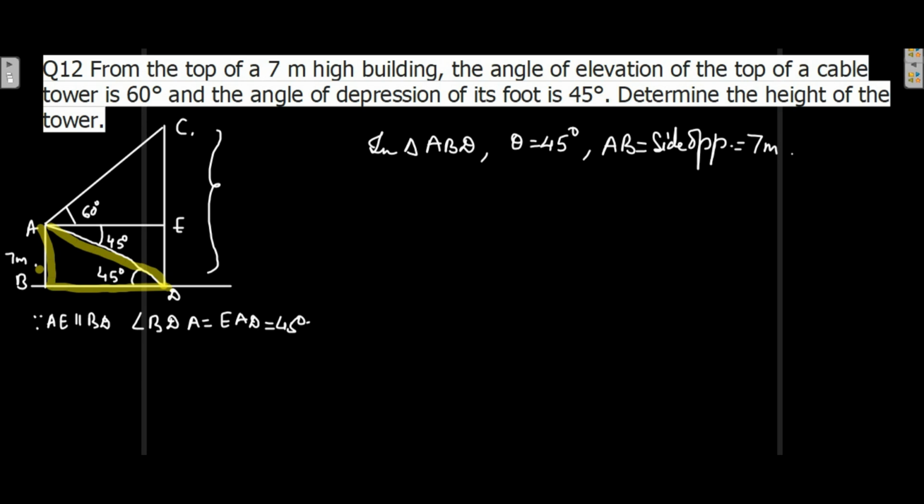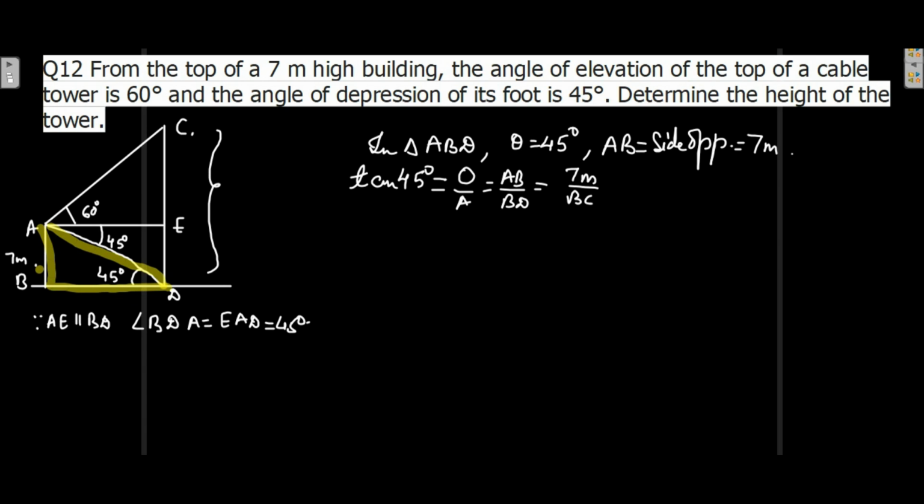To find BD, we'll apply tan 45 degrees. Tan 45 degrees is opposite side upon adjacent side. The opposite side is AB and the adjacent side is BD. The opposite side AB is given to be 7 meters.